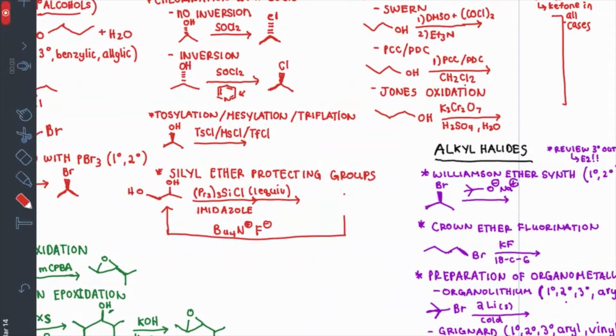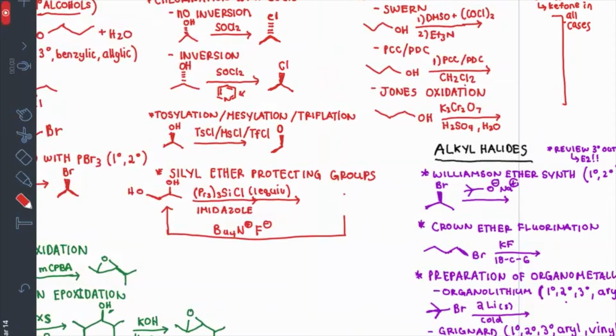Right. So the next reaction we know of is tosylation, mesylation, and triflation. So respectively, that's TsCl, MsCl, and TfCl. Right? And so what we get is essentially we maintain our stereochem and we attach. So first we have the alcohol.